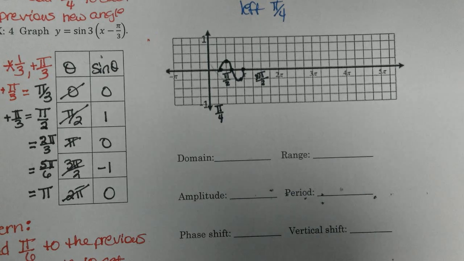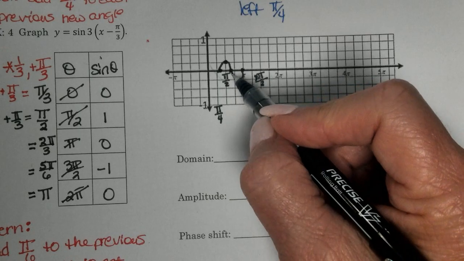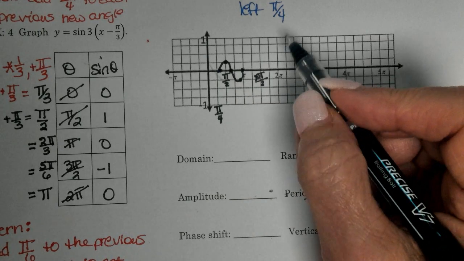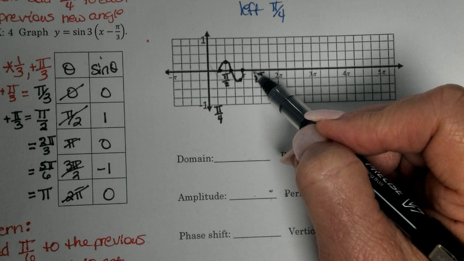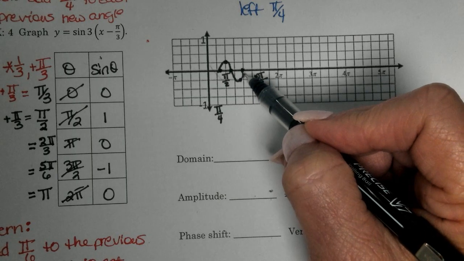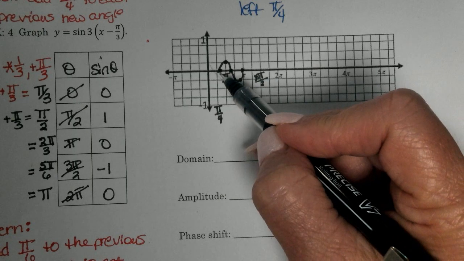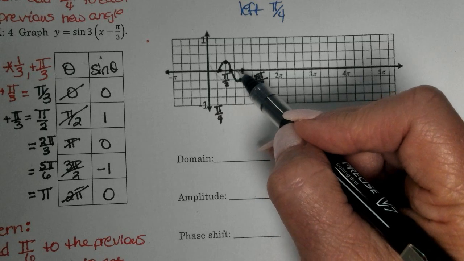Okay, so we got one cycle graphed. We're going to continue the pattern though, all right? And this can be a little bit tricky here. So we're going to continue, notice these are like 30 degrees apart.